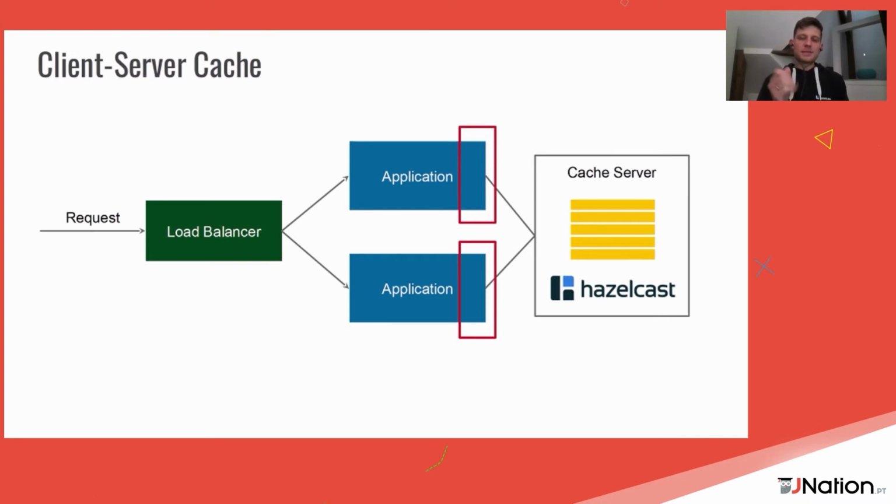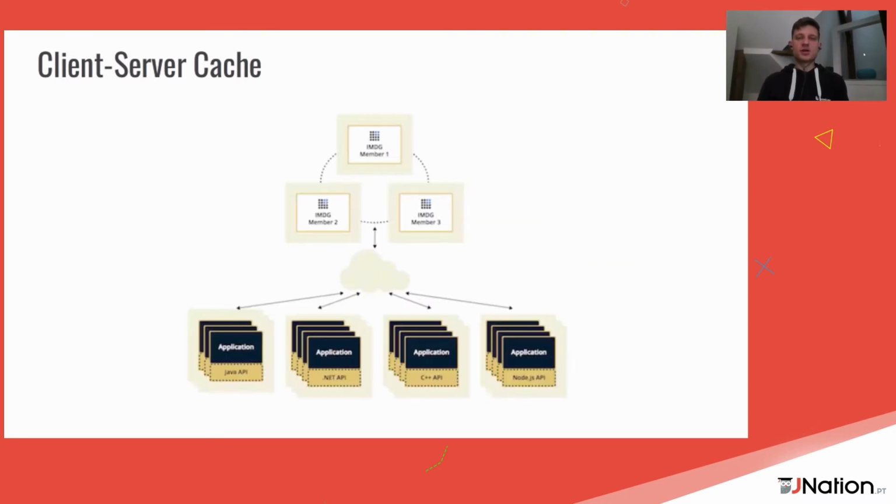So your application can be written in Node.js, and your cache server can be Hazelcast written in Java, but that's all fine. And that's a very common strategy actually in the microservice world. When you have this freedom of using your language of choice for your application, and now you have a lot of applications written in different programming languages, and you connect to the cache cluster or cache clusters deployed somewhere else.